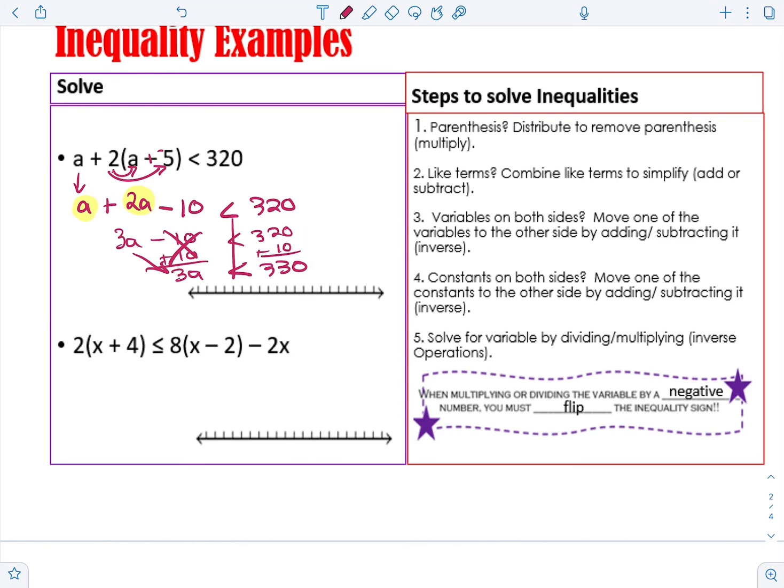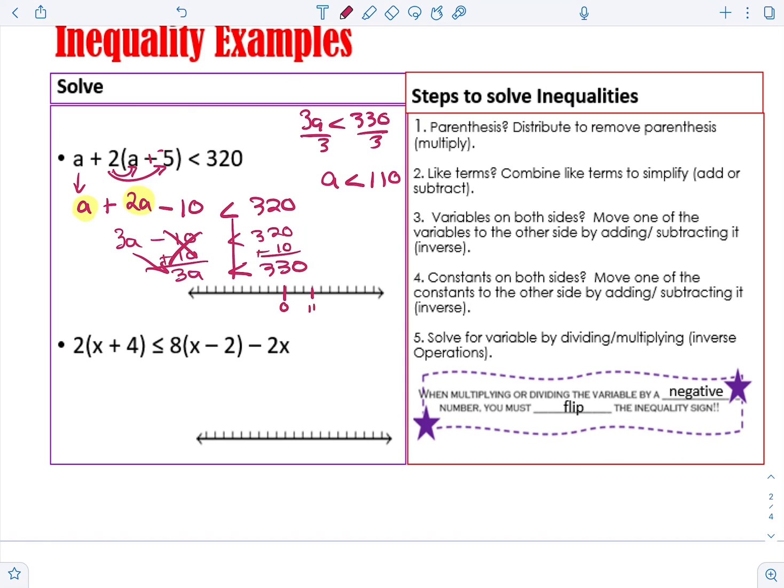Divide each side by the 3. So this is 3a is less than 330. Divide by 3. Because that's the final step, solve for the variable. Because we did not divide by a negative, so we keep this inequality symbol as it is. So a is less than 110. If we are to plot, we have a 0 here.